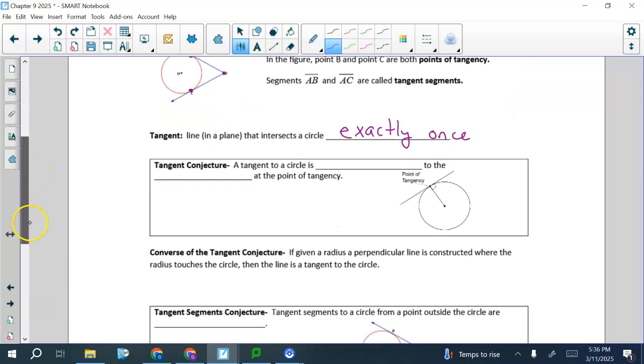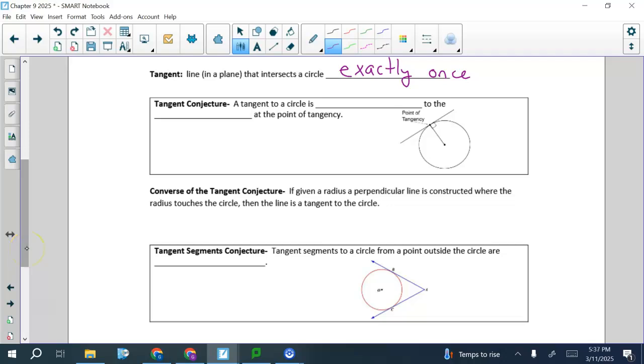All right, the tangent conjecture says a tangent to a circle is perpendicular to the radius at the point of tangency. So you have this tangent line.